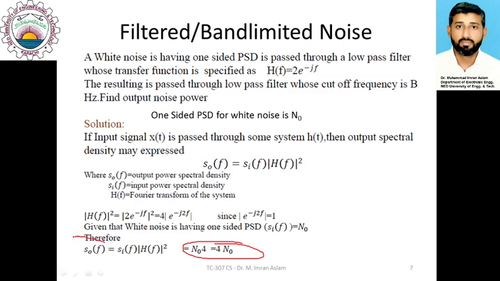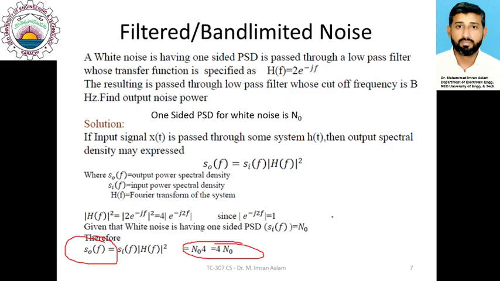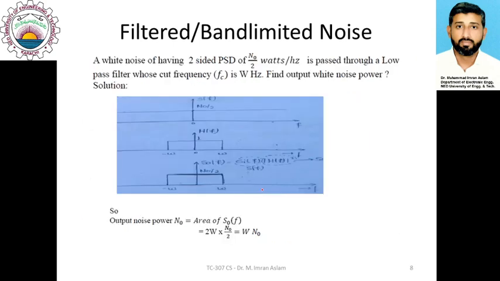So this is the power spectral density for the signal, and if I ask you to calculate the resulting output power, the power will be this PSD multiplied by the bandwidth, which is equal to 4 times N naught B. So the power is a finite number, 4 times N naught into B, which will come out from this filter.